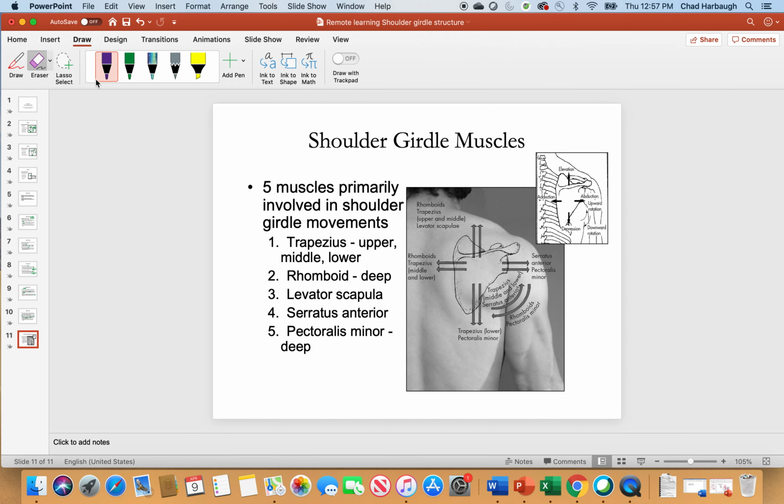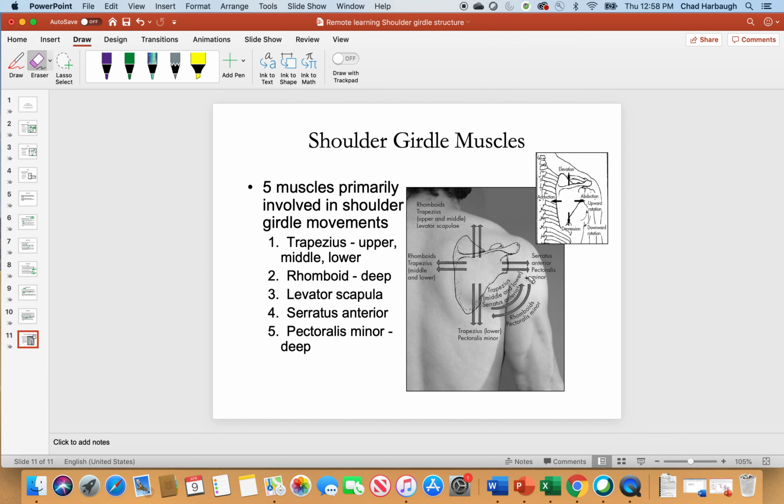So when we are looking at upward rotation, it's predominantly the trapezius, the middle and the lower fibers, and the serratus also.